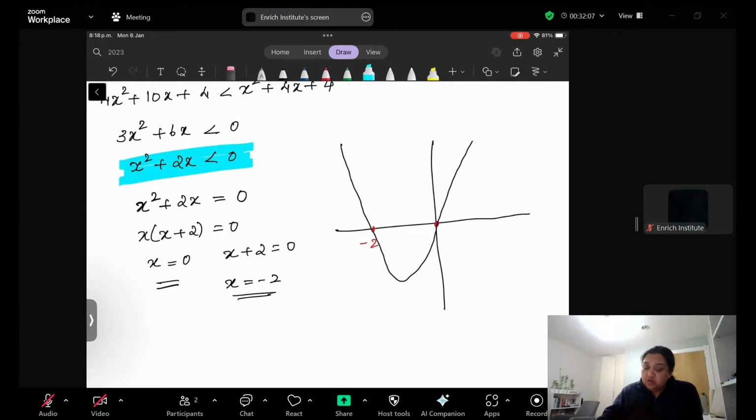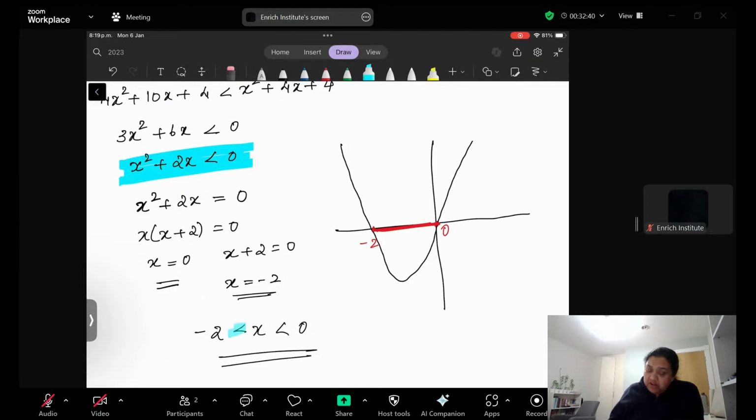Less than 0 means, let me just write it down, it should be this portion. Always look at the y coordinate. So it should be that portion. And where is it less than 0? It is in this portion. So then the solution for this one will be minus 2 less than x, which is less than 0.